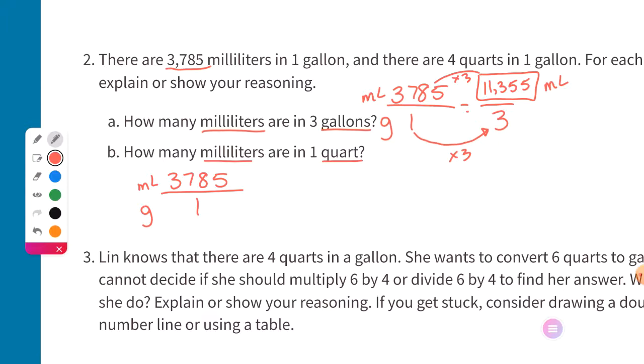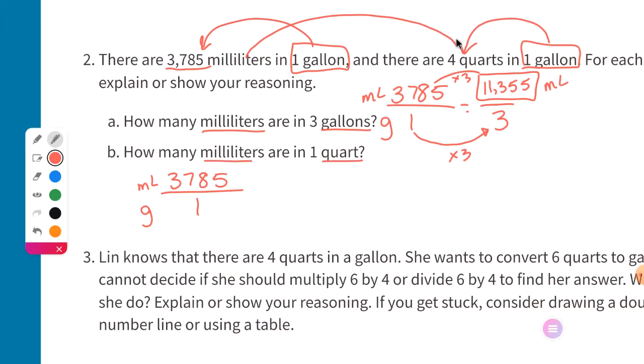Notice this says 1 gallon equals that, or 1 gallon equals that. So what does that tell us about this one and that one? They're the same, they're equal, okay? It's like saying 4 quarters equals $1, 10 dimes equals $1, so 10 dimes equals 4 quarters. Does that make sense, kind of?